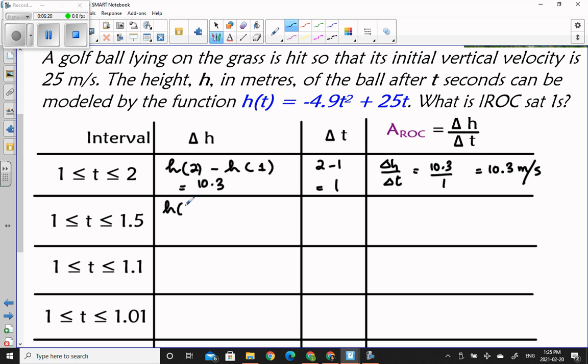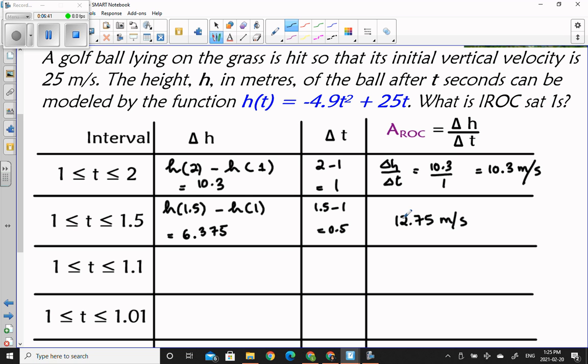So it would be H at 1.5 minus H at 1, which works out to 6.375. And the change in time is 1.5 minus 1, which is 0.5. And delta H over delta T, if we calculate, works out to 12.75 meters per second.